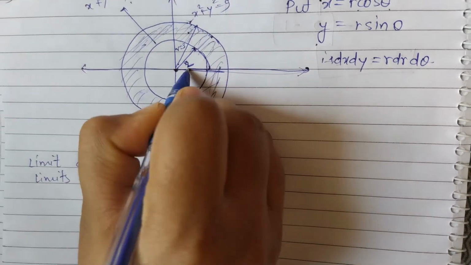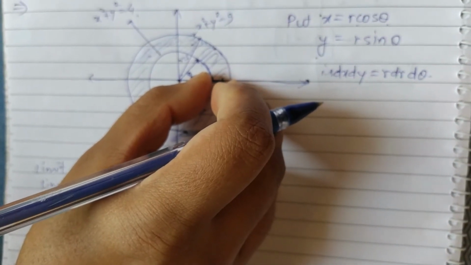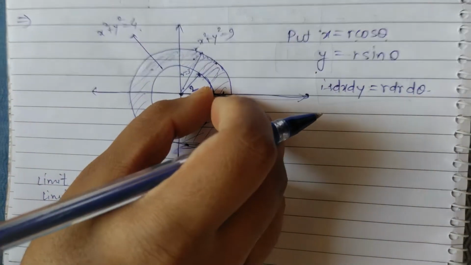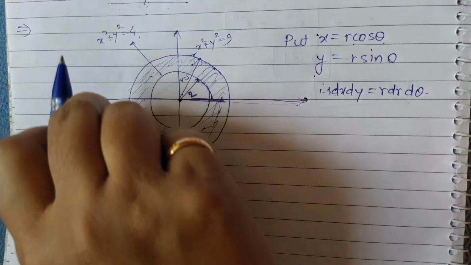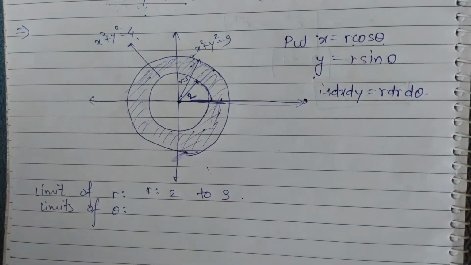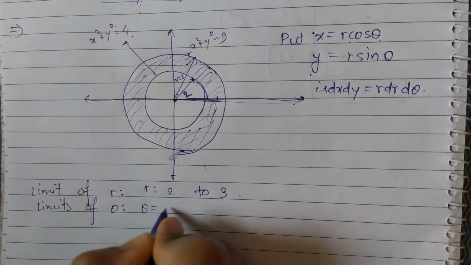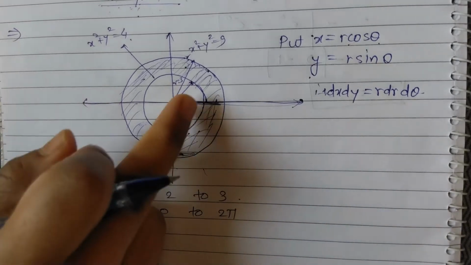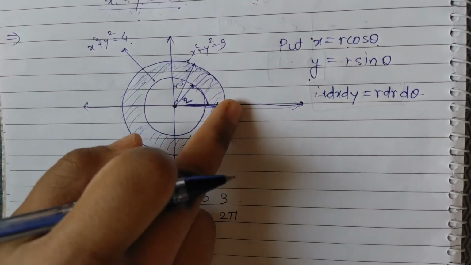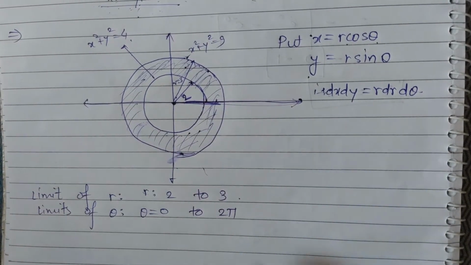So if you start from this 0, this will move like this, and it will cover the total circular distance. And what is the angle of a circle? Yes, it is 360 degree, that is 2 pi. That means theta will start from theta equal to 0 and it will move to theta equal to 2 pi.